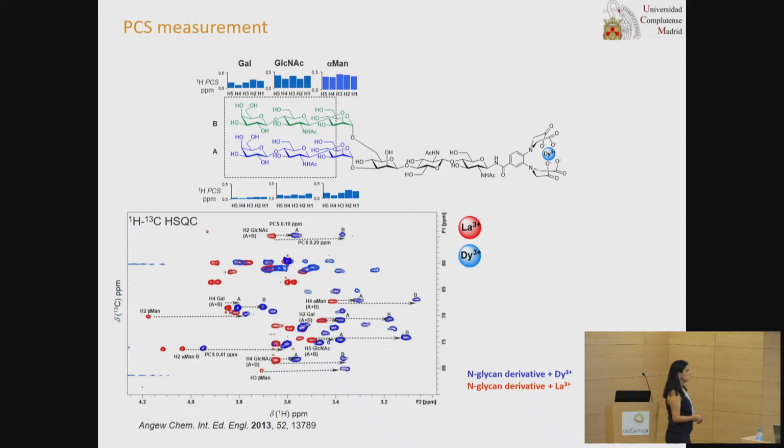This was our first example, and we were very happy because, as you can see here also, there is one peak that moves more than the other. This one moves more than this. And this is telling us that the peak that is moving farther, that proton, is located at a closer distance to the metal than the other.